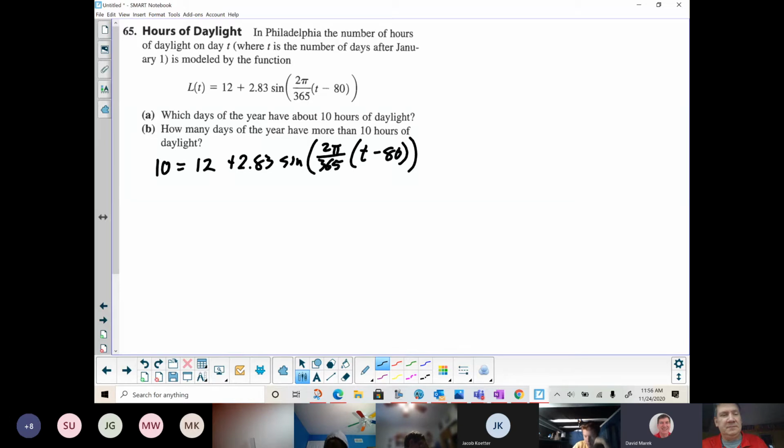Let's do the algebra first. I'll subtract 12 from both sides, which gives me -2. Then we're going to divide both sides by the 2.83.